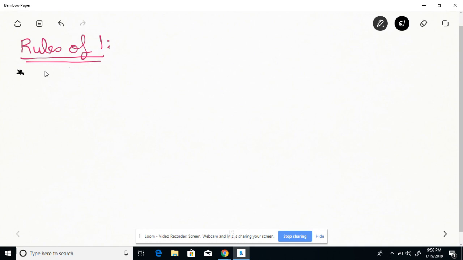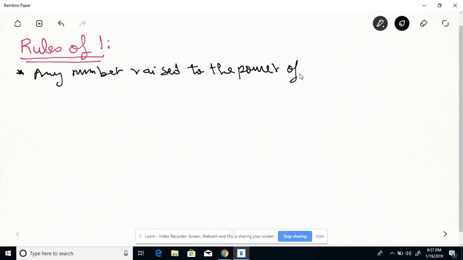So rules of one has 2 conditions. First one is any number raised to the power of 1 equals itself.